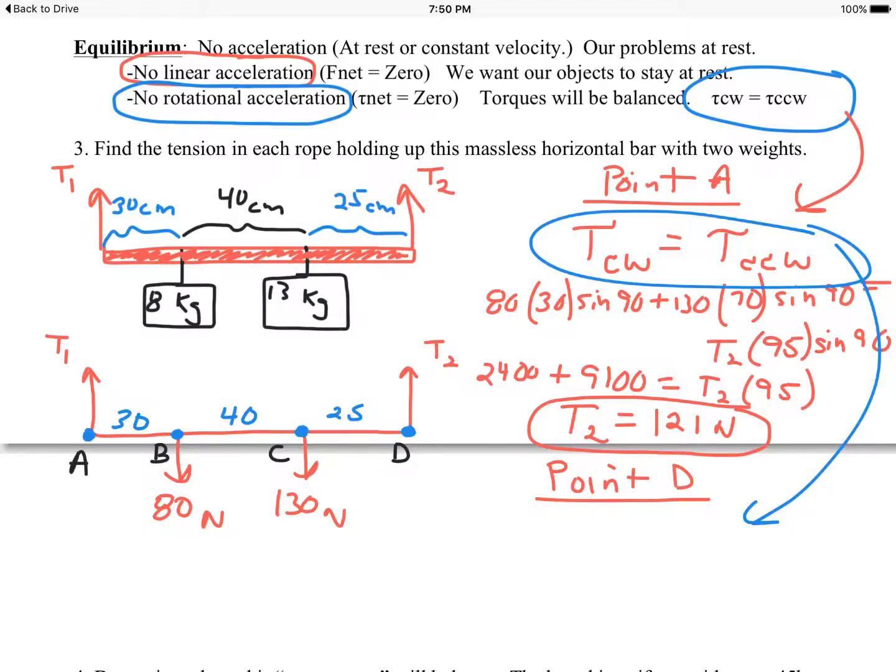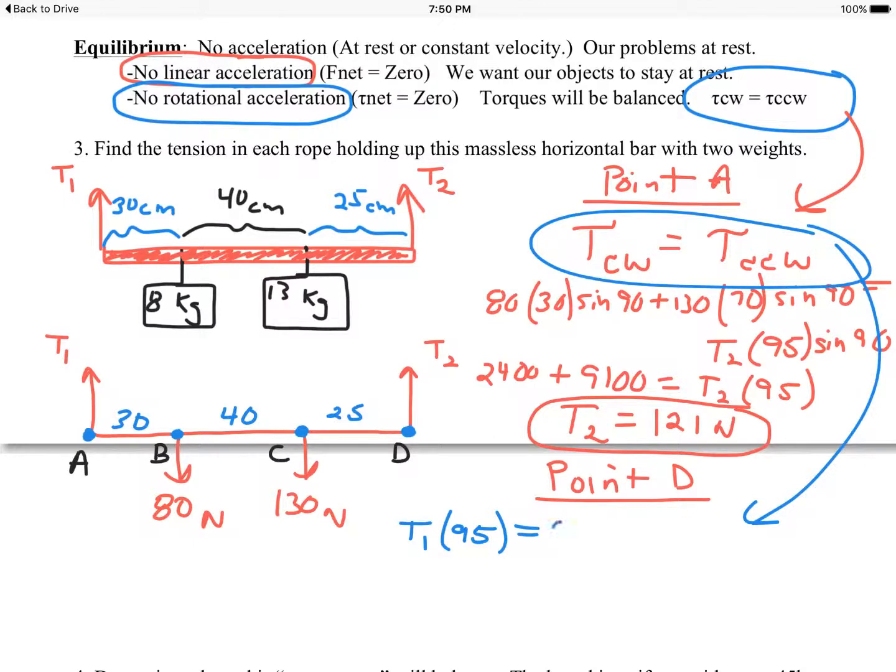You would have clockwise torque T1 times the whole distance from point A to point D, which is the 95, equals the counterclockwise torque now, which would be the sum of the two torques that are generated by the 80 and the 130.